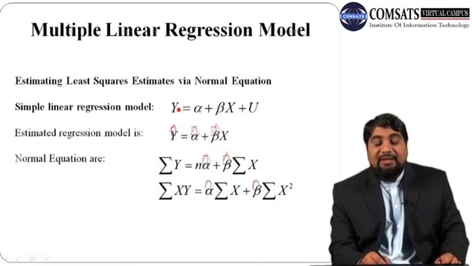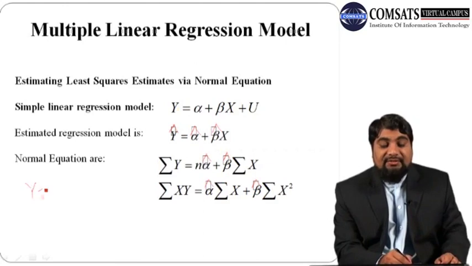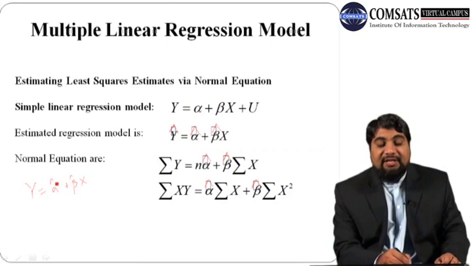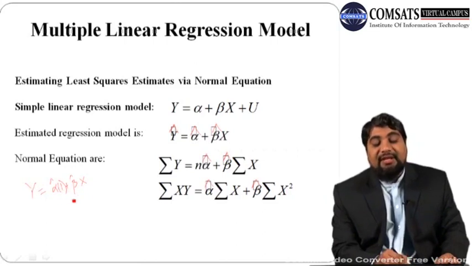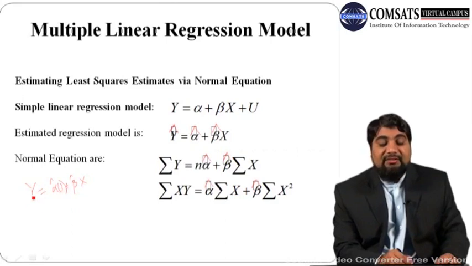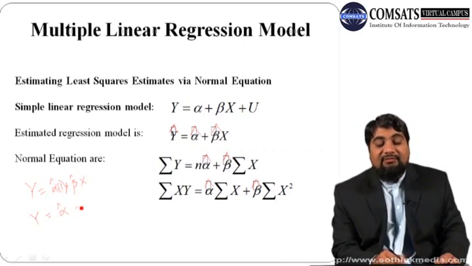Just consider this model, y equals alpha hat plus beta hat x. I'm not putting hats here. Here you can see that 1 is being multiplied with alpha hat. So just multiply this whole equation by this 1. If we multiply this equation by 1, we get y, then alpha hat times 1 is alpha hat, and beta hat times x multiplied with 1 is the same as beta hat x.